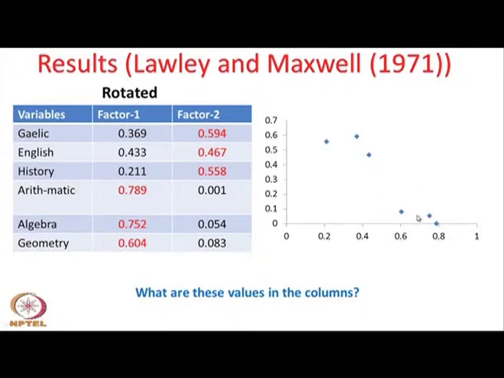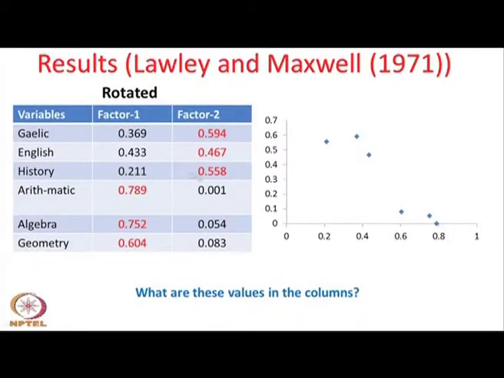So, we can say now that these two factors are basically talking about two things: one related to arithmetic, algebra, geometry, which are basically mathematical ability, and the other, Gaelic, English, history, which are all literature based. So, this may be your verbal ability.